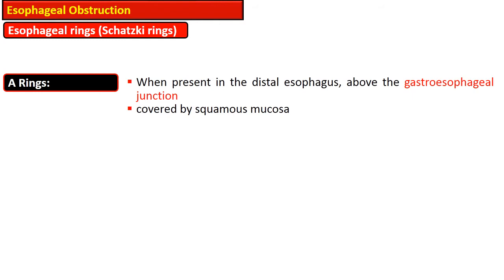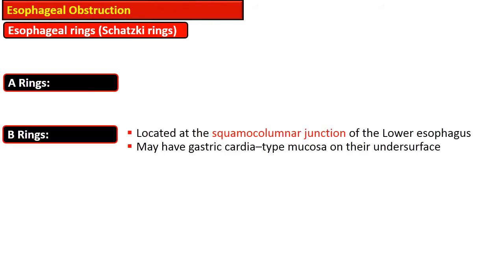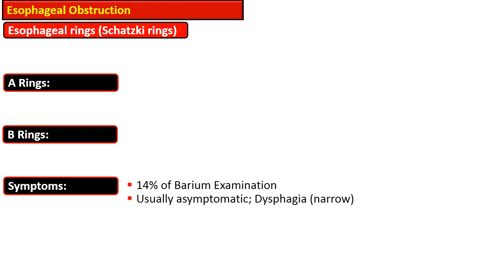When they are present in the distal esophagus above the gastroesophageal junction and covered by squamous mucosa, they are termed A rings. When they are located at the squamocolumnar junction of the lower esophagus and lined by gastric cardia type of mucosa on their undersurface, they are termed B rings.